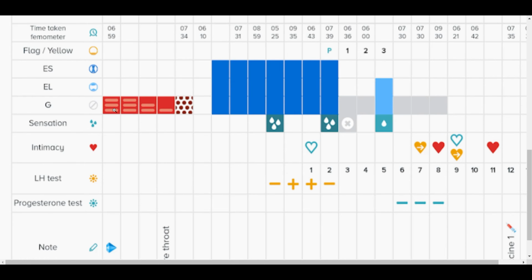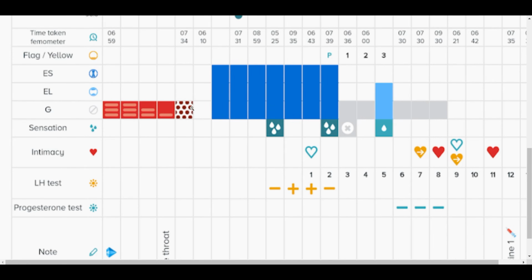The 3 bars means heavy bleeding, the 2 little bars mean medium bleeding, and the 1 little bar just means light bleeding. This little polka dot square means spotting, so bleeding that's even lighter than light bleeding, which we call spotting. So I would chart that there.